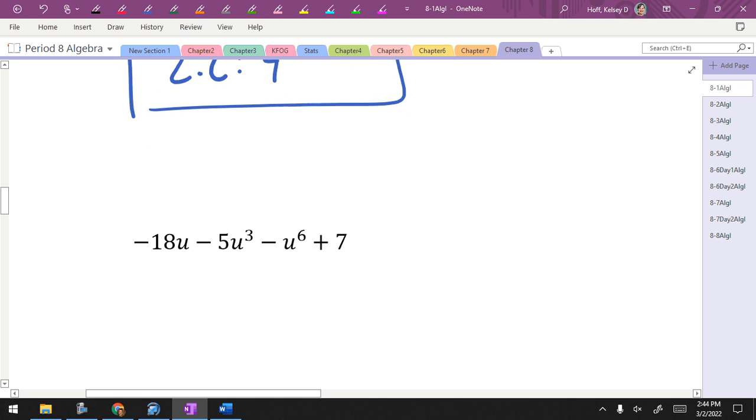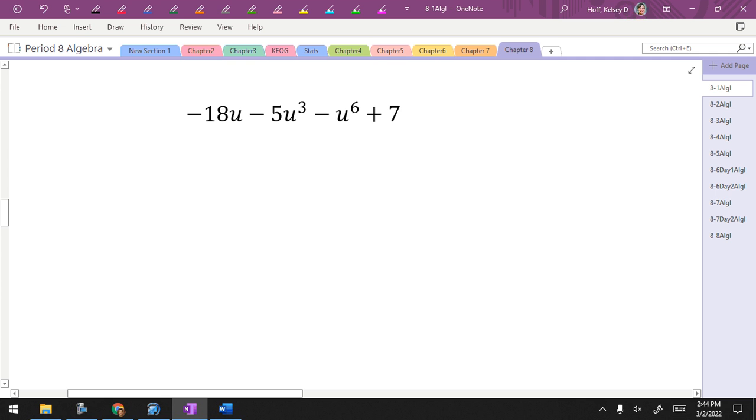Go down. Do this one on your own. Highest exponent to lowest.